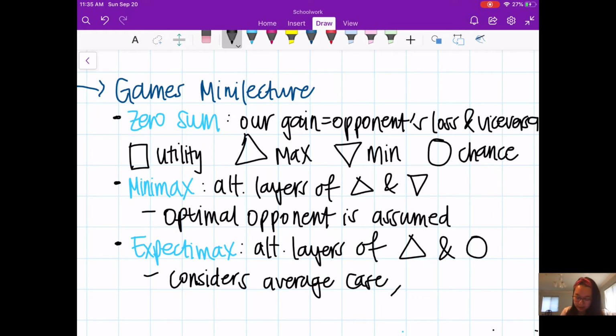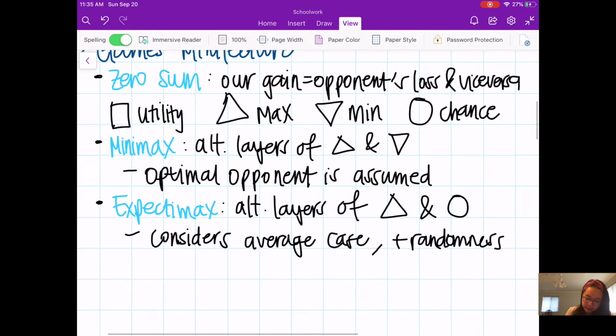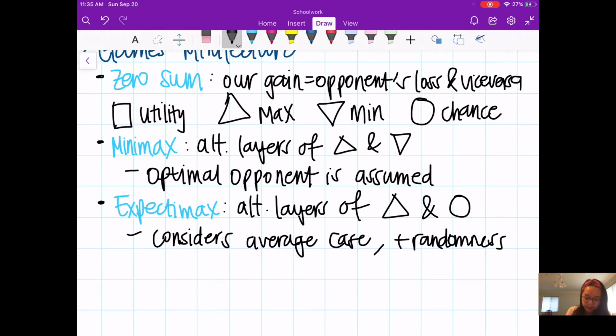In general, this adds some randomness because of the chance nodes. Other than these 2 main types of trees, there's also the general notion of mixed layer types, which are trees with any mix of max, min, and chance layers, in any orientation.